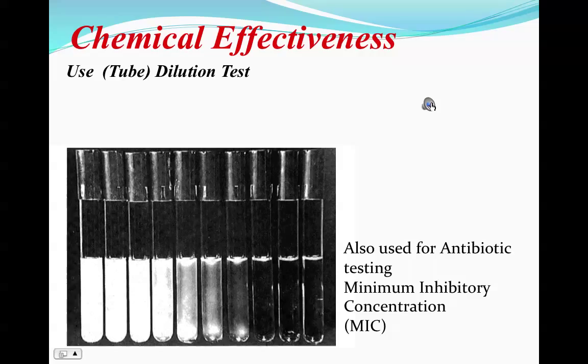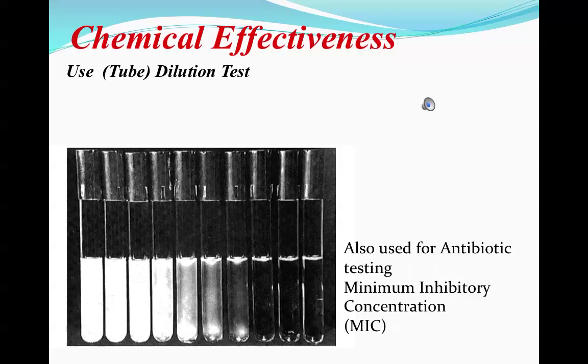The tube dilution test is another way of determining the effectiveness of various antiseptics and disinfectants. We have various tubes. In this illustration, we have 10 tubes set up. They're going to have decreasing concentrations of our chemical in question. And then we add the same amount of bacteria to each test tube.